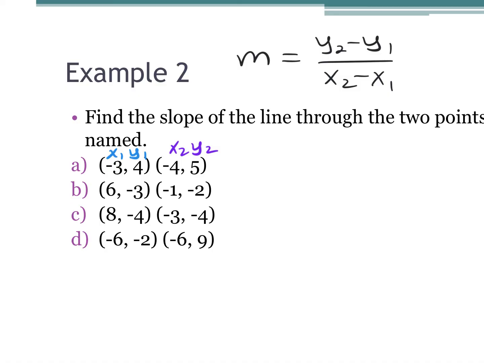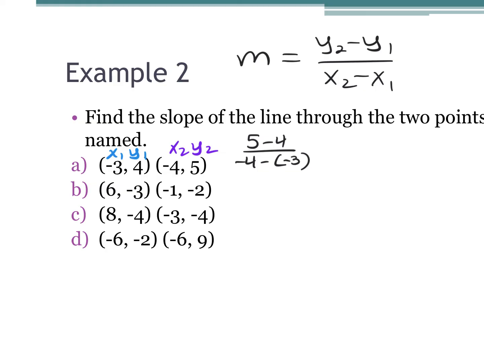So now, be very careful with your integers. Watch your signs. So for the first one, I'm going to be doing 5 minus 4. I'm subtracting the y's over negative 4 minus negative 3.